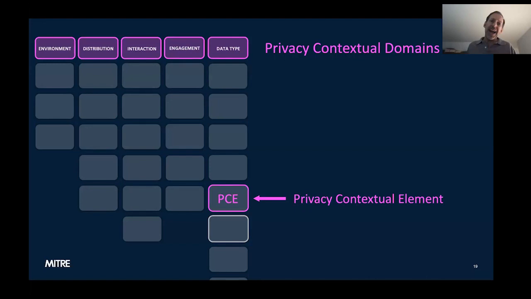And I'll say more about that when I go through an example in a moment. Engagement has to do with whether the attack specifically goes after particularly sensitive populations like children, for example. And then finally, of course, we've got data types, because you've got to know what kinds of data you're dealing with in a privacy attack.